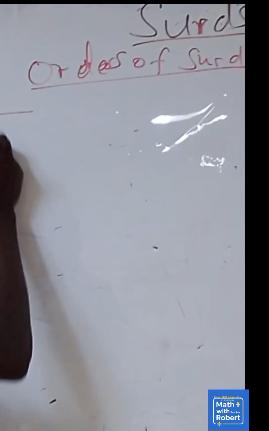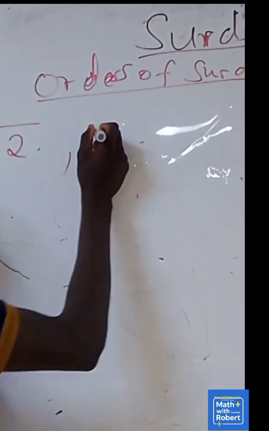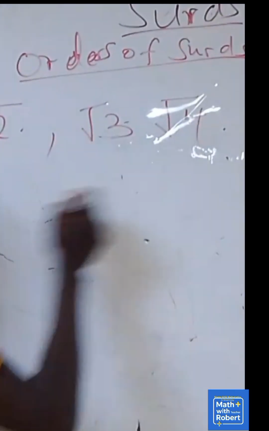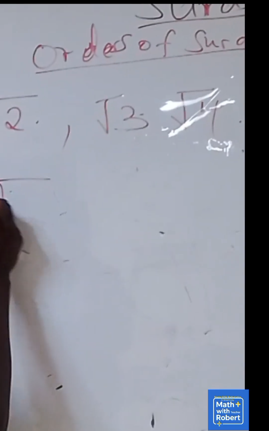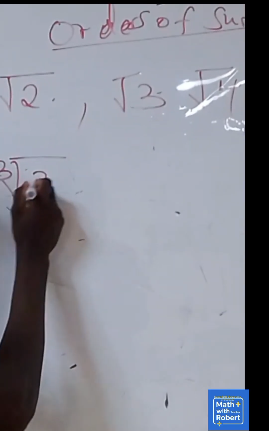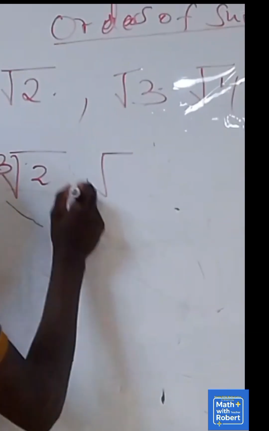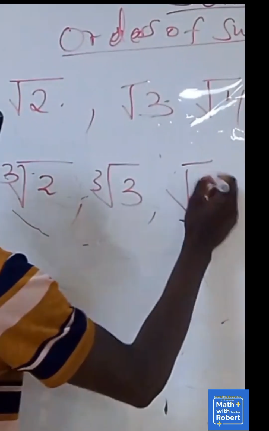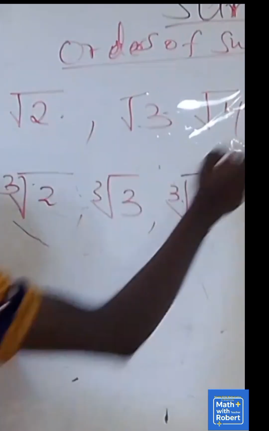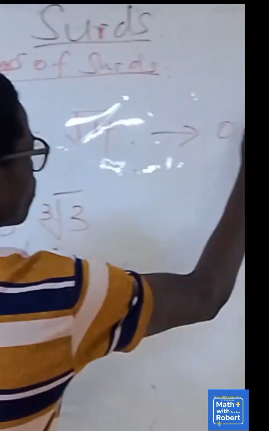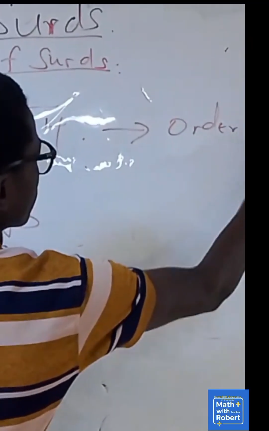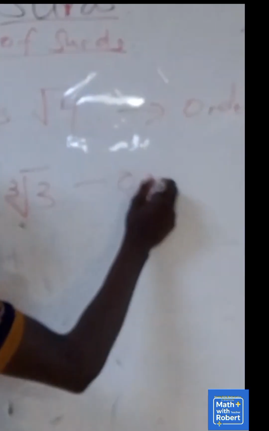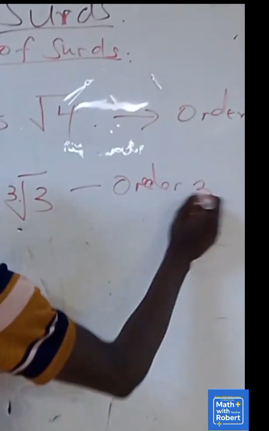Let's say we have Surd 2, Surd 3, Surd 4. So this one is order of 2. Then this one is order of 3.